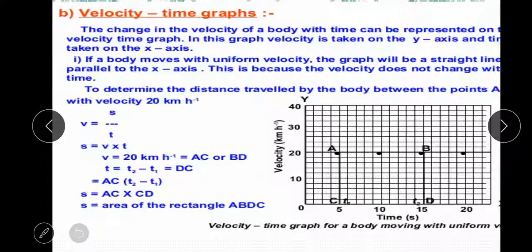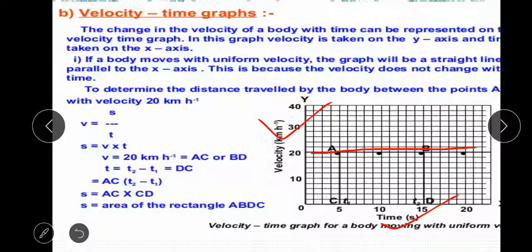Now the velocity time graph. For studying the nature of the velocity time graph, we take velocity on the y-axis and time on the x-axis. Here you can see we are showing you a velocity time graph for a body moving with uniform velocity. As you can see in the picture, here is a straight line showing uniform velocity.